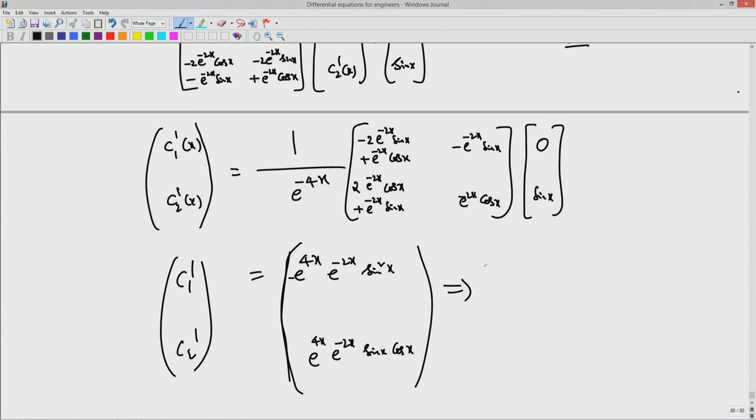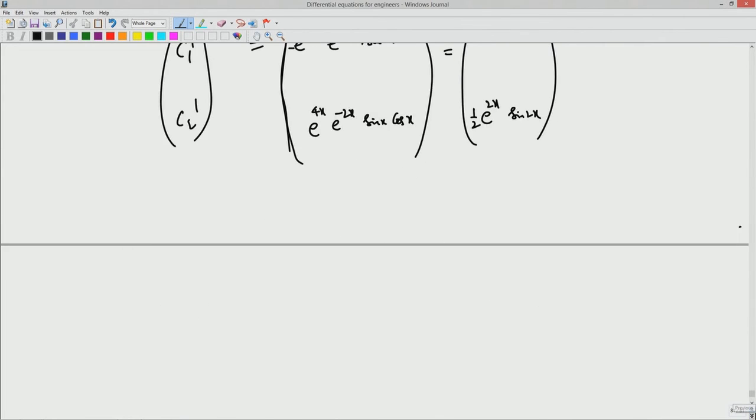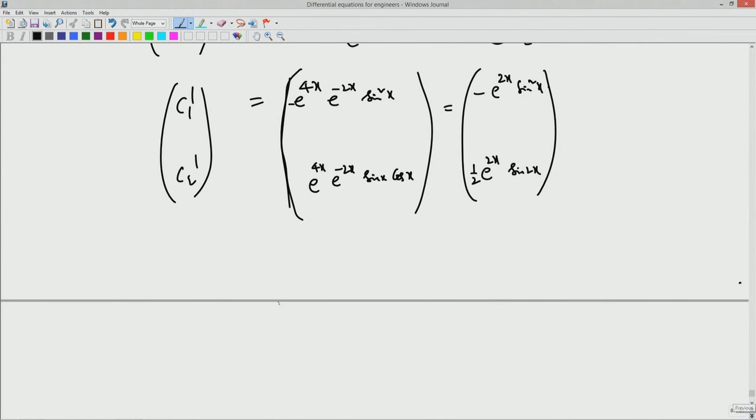So, this is actually equal to minus e power 2x sin square x, and this is actually e power 2x 1 by 2 sin 2x. I can write like this, and then you can integrate. So, this is your C1 dash.